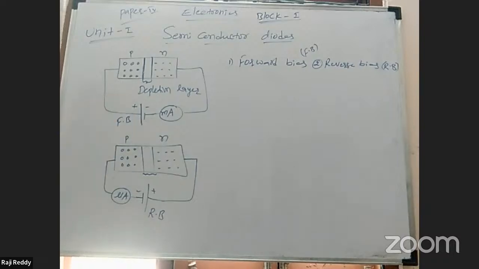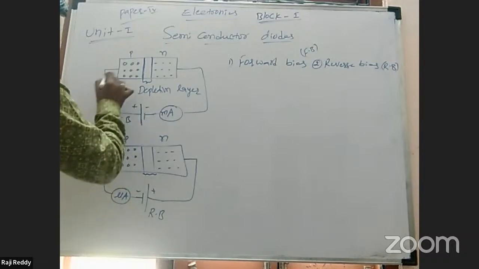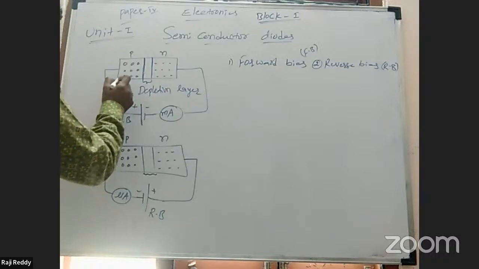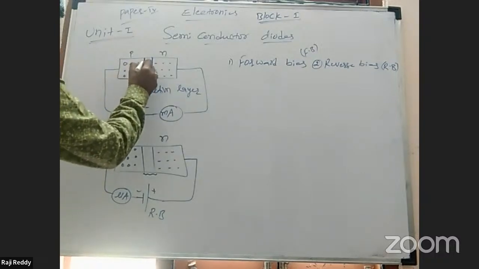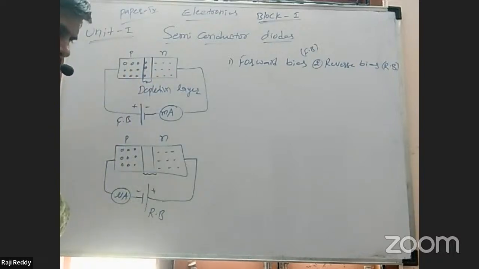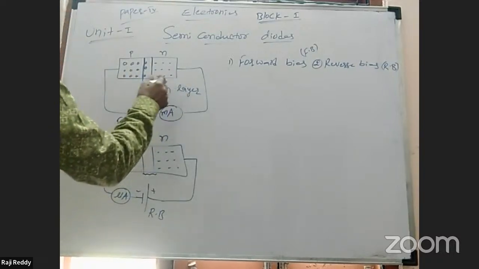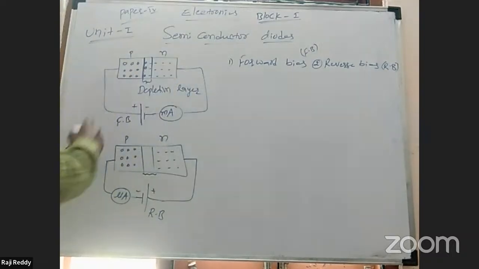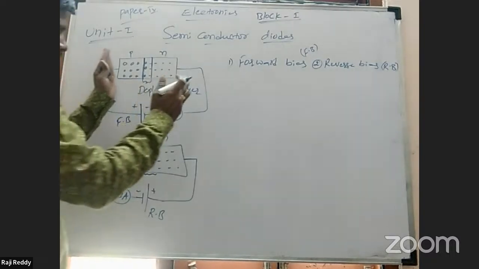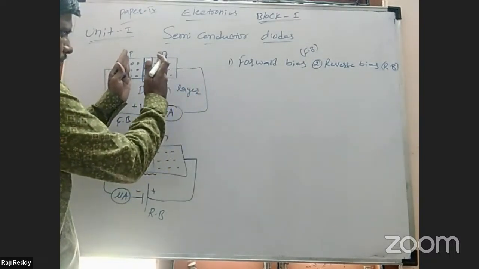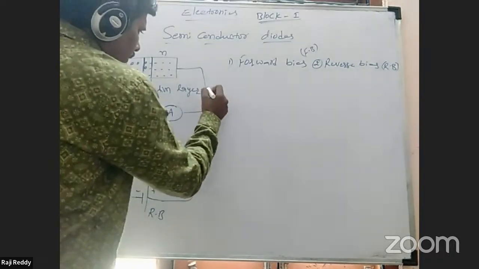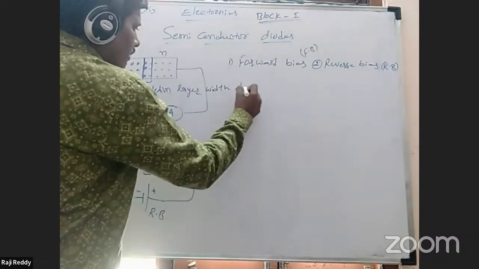First, we'll go through forward bias. In forward bias, the battery positive terminal is connected to the P region and the negative terminal to the N region. Due to the positive terminal, positive charge carriers move towards the depletion layer. Due to the negative terminal, by repulsion, negative charge carriers move towards the depletion layer. Holes and electrons move into the depletion layer, and finally the depletion layer width decreases.